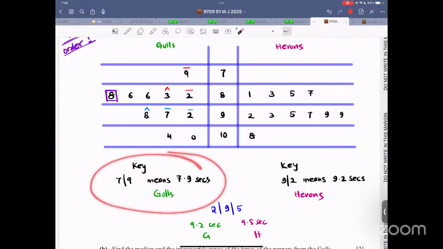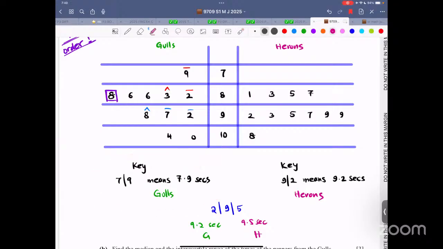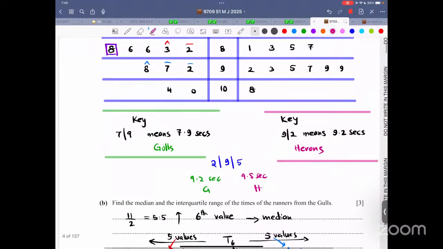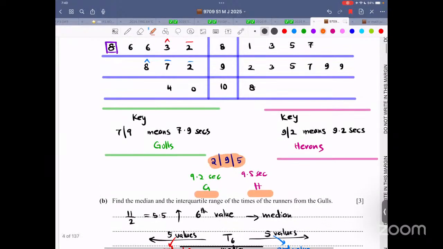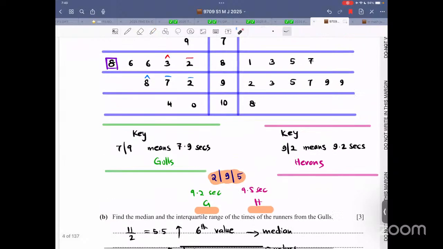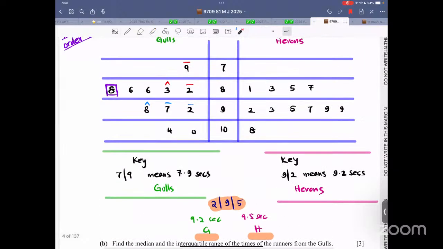What I want to focus on is that when you are doing this, make sure you write the key. Now, it's your choice whether you want to write 2 separate keys representing the data, or 1 single key is also more than enough. So you can have 1 single key just like this. For example, I have written over here 7/9, but we start from the stem and go towards the leaf.